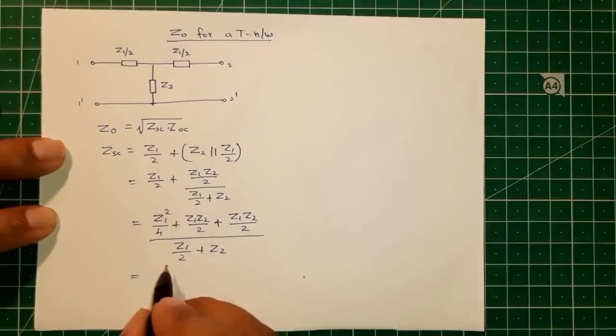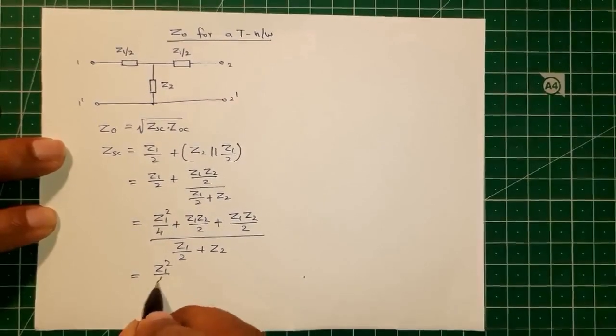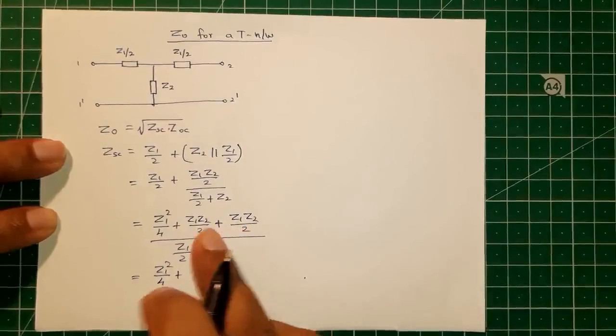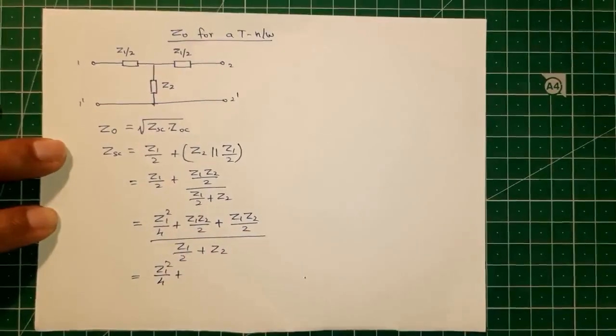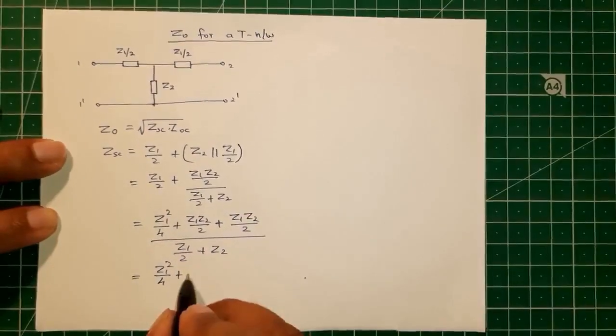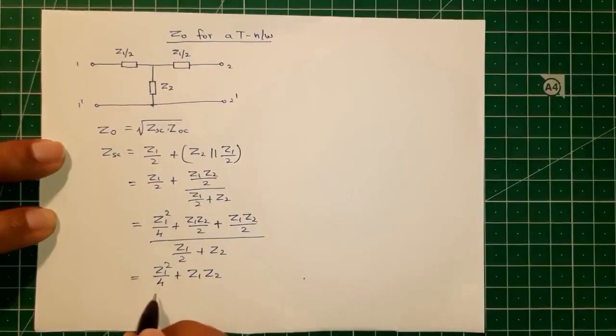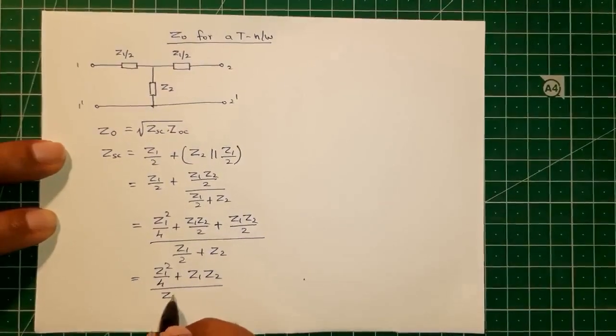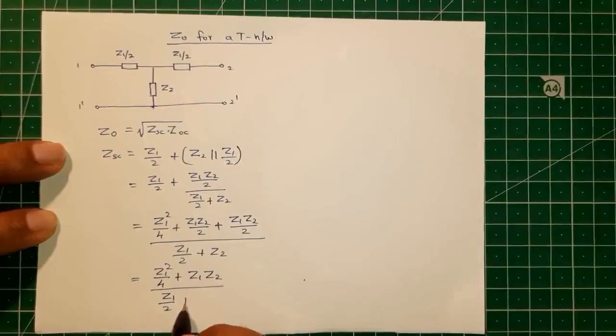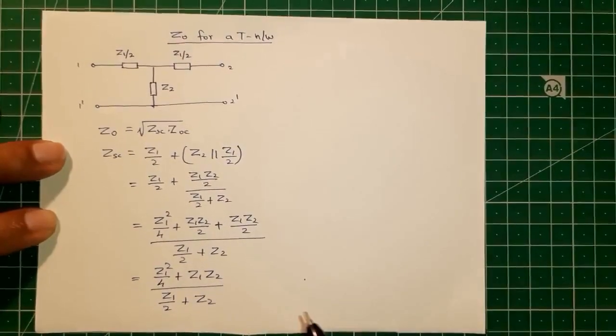So that will be equal to Z1 square by 4 plus Z1 Z2 by 2 plus Z1 Z2 by 2, that will be equal to Z1 Z2. And the denominator we will keep as such for the time being.